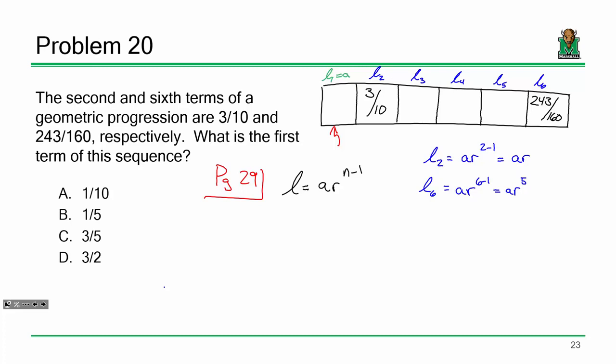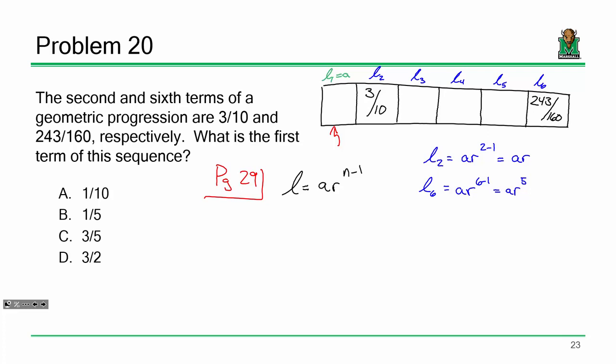AR to the 5th. Now, this is going to sound repetitive or redundant, but I'm going to do something. Let's just see if what I'm about to do makes sense. So these expressions that I just derived are formulaic expressions for each of these terms, right?